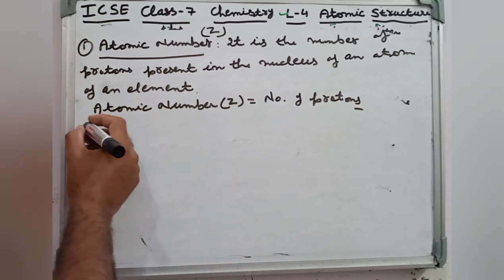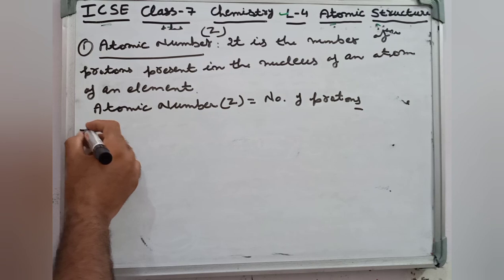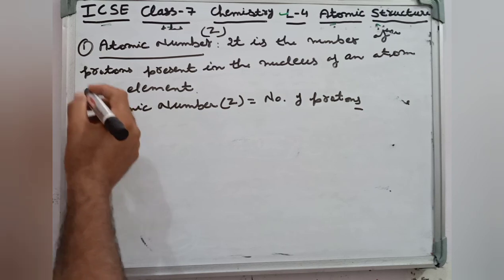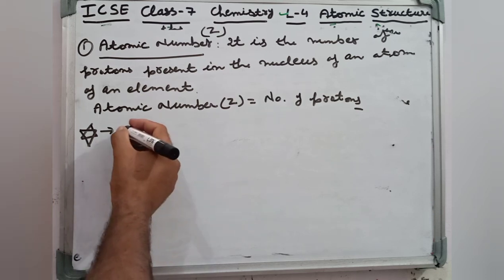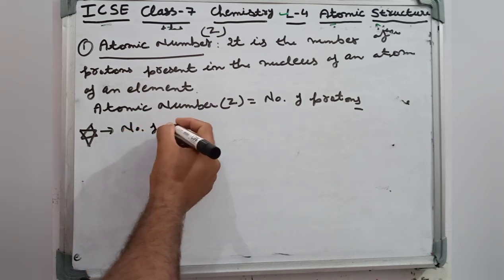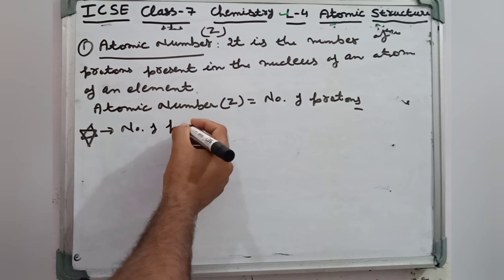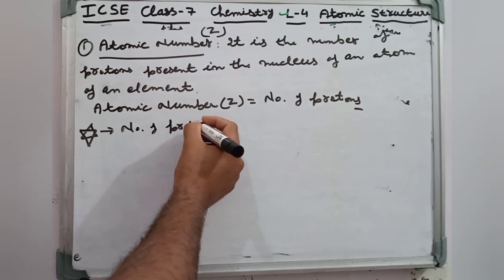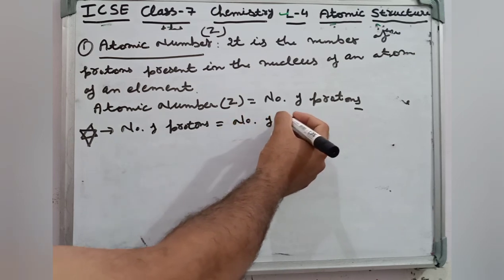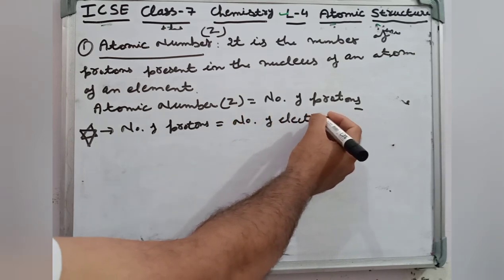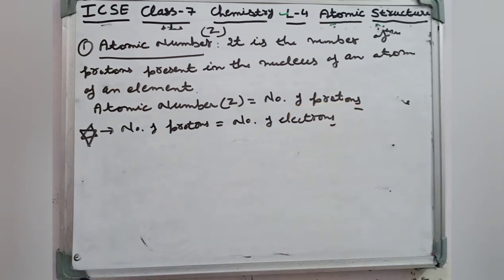Here you have to remember one thing, which I am marking with a star: the number of protons is always equal to the number of electrons. Atomic number is the number of protons. The number of protons is equal to the number of electrons.